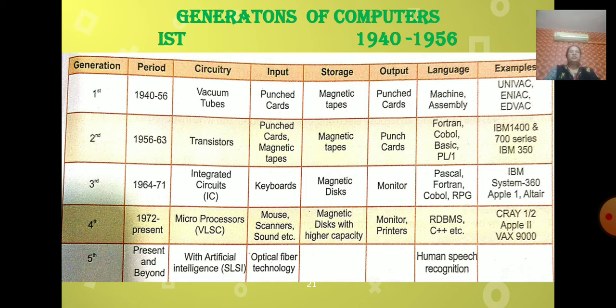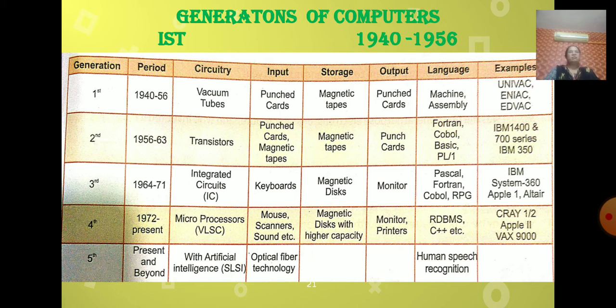In the first generation the input is punched card and the storage is magnetic tapes. Here also punch card and magnetic tapes, and the output is also a punch card, right? And the languages are Fortran, COBOL, BASIC. These are the languages in the second generation of computers.